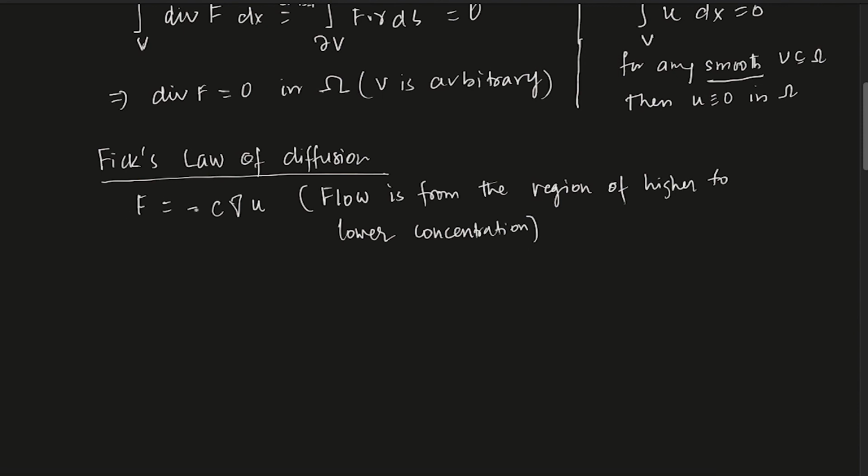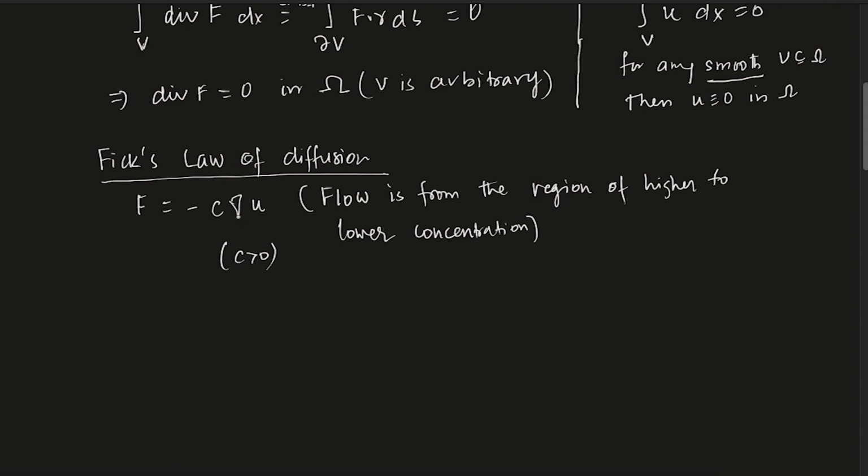So that is why this negative sign is there. It just says that the flow is in a negative direction. And this C, of course, is a constant of proportionality. We are just saying that F is proportional to the gradient of u. Gradient of u is the change of the density. And this C is positive, we are assuming, because otherwise we would get minus C.